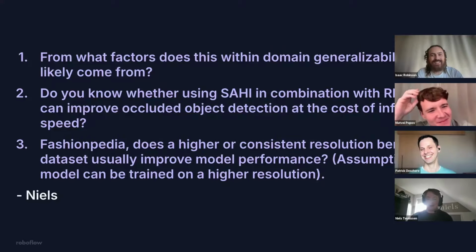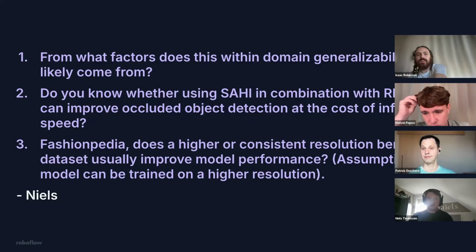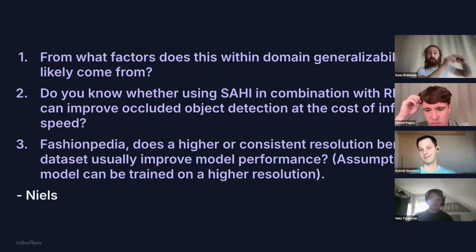Yeah, so I don't think SAHI by itself gives you that much. I think the big thing that one can get is just running higher resolution. If you have a fixed image and you run that image at a higher resolution, it is easier to see the boundaries between occluded objects, and so you can get better results.